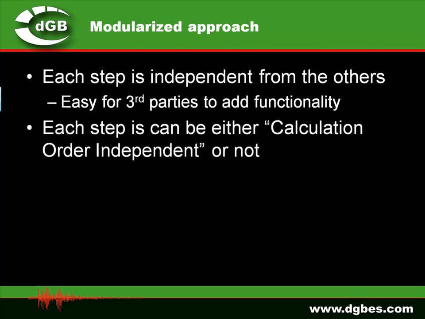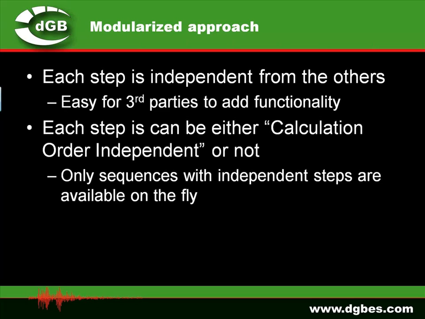Each step in the sequence can be either calculation order independent or not, and that is a nice way to say, is the algorithm such that the output or the result will vary depending on if you calculate one part of the volume first compared to another one?